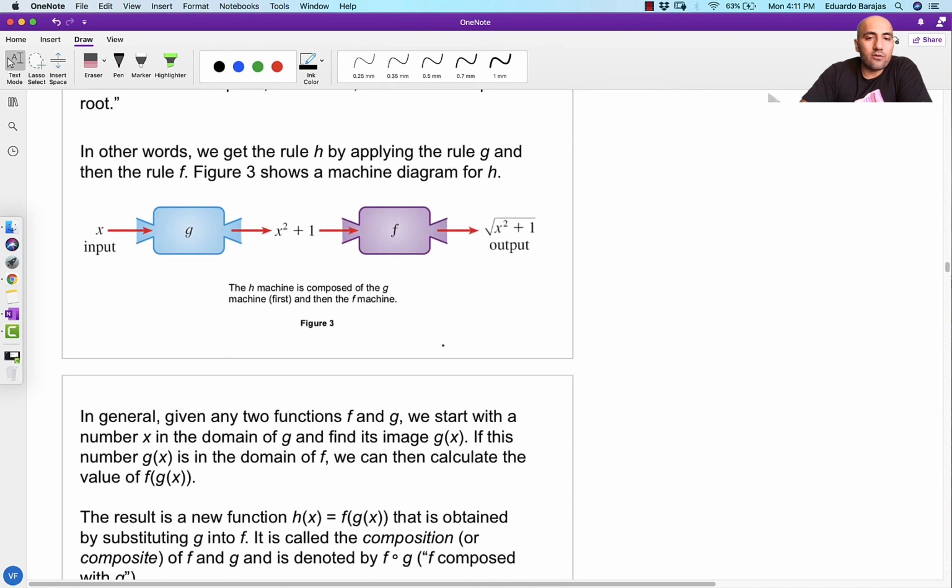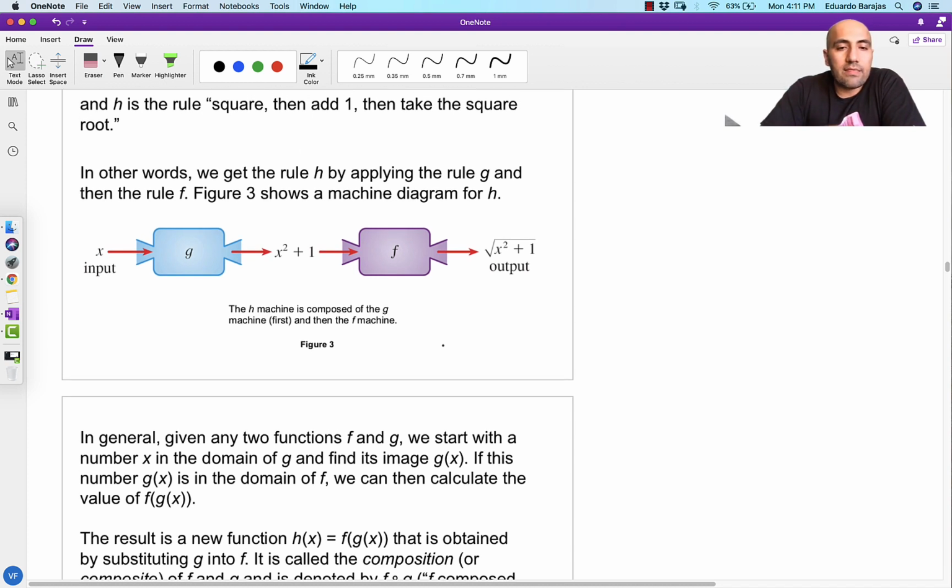We can describe these composition functions, they're called composition functions, using these kinds of diagrams. So the input goes into the g function. Remember, let me write it over here. It was f of g of x. That was h of x. So we're going to start by inputting something into there. That's where the input goes.